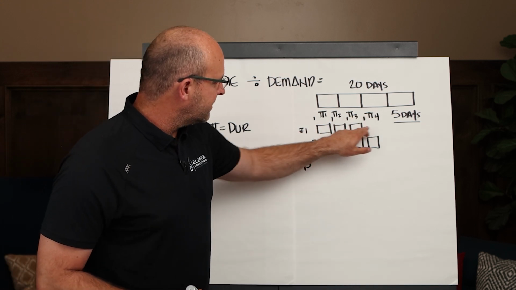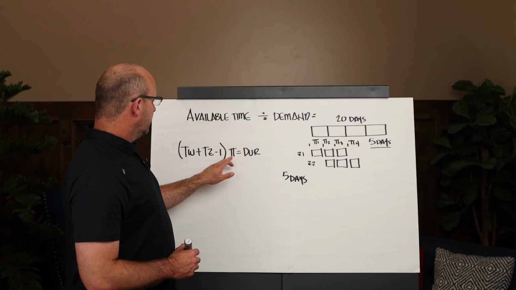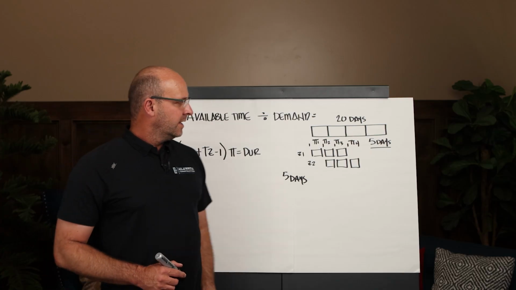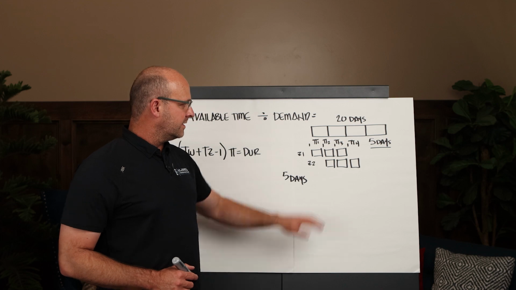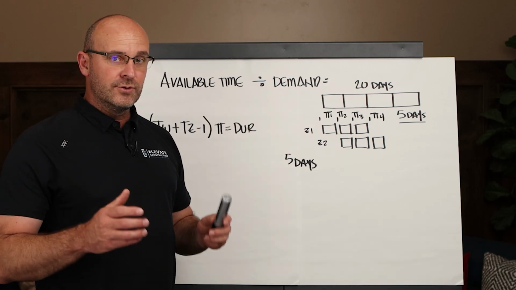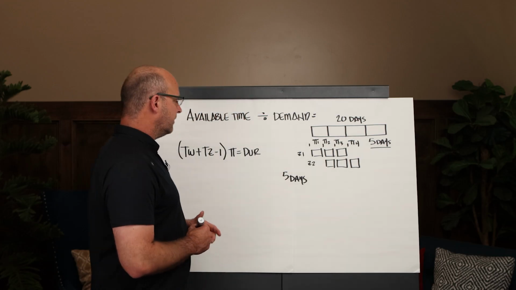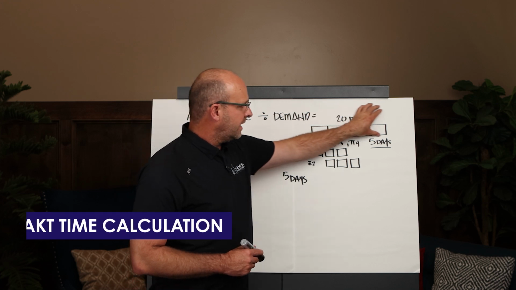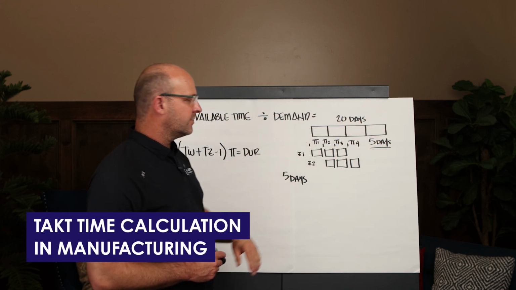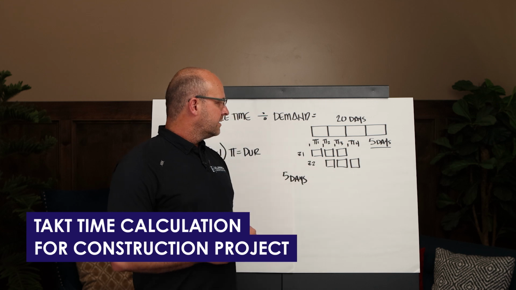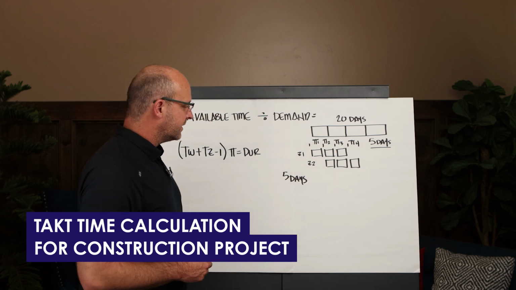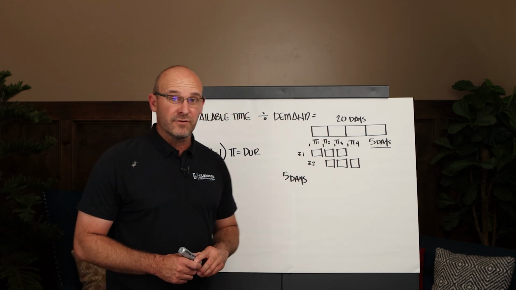So the formula essentially gives your overall duration, multiplied by the takt time, so that would be 4 times 5, and that would equal the 20 days. Now these examples are not to scale, I'm just giving you an example. This is how you do your takt time calculation in manufacturing for a single product. This is how you calculate the takt time for a construction project, and it's more complex. It uses a different formula.